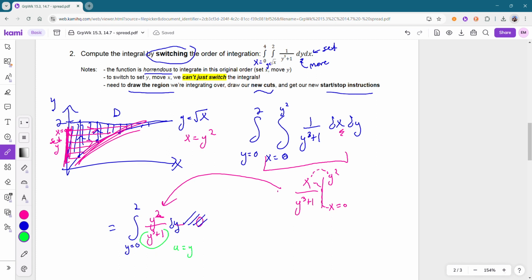Let u be y cubed plus 1, then du is 3y squared dy, and we see a y squared dy up there, so we'll toss the 3 over to the other side. And then our old limits get plugged into our u function, so 0 becomes 0 plus 1, which is 1, and 2 becomes 2 cubed plus 1, which is 9.